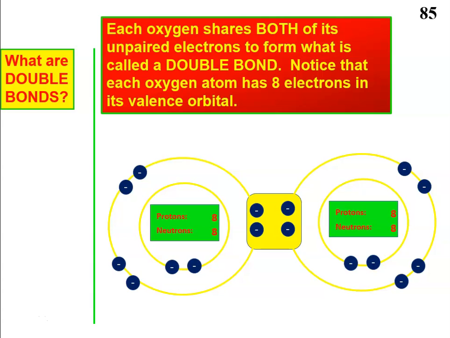And the oxygen atom on the right has those 4 electrons in the yellow shaded area plus the 4 more in the second orbital to the right, a total of 8. So they both have 8 electrons, and that's how a covalent bond works, in the case of oxygen, a double bond.